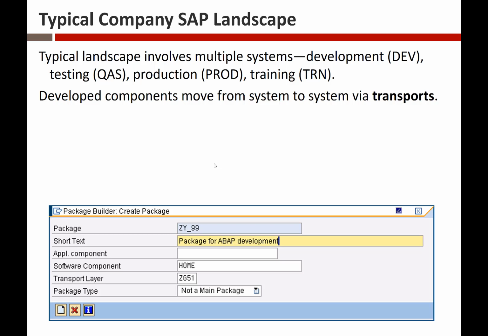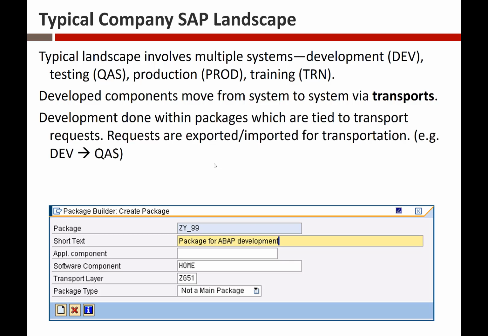We put it in my picture here, we put it in this particular barge. And the benefit of that is at some point I'm going to say, hey, I think my barge is ready to move from development to testing. And so my barge of code will move from one system to the other system and be installed there. So anytime we develop something, we put it in these transports.